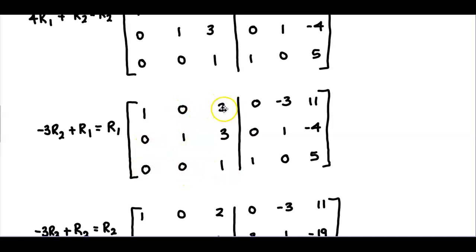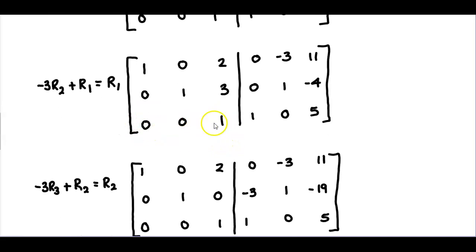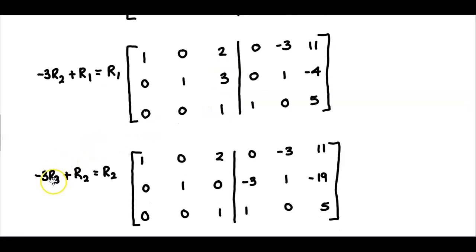Now we need to make this 2 a 0, and we need to make this 3 a 0. So we can use row 3 to make the 3 a 0 by multiplying row 3 by negative 3 and adding it to row 2. So negative 3 times 0 is 0, plus 0 is 0. Negative 3 times 0 is 0, plus 1 is 1.